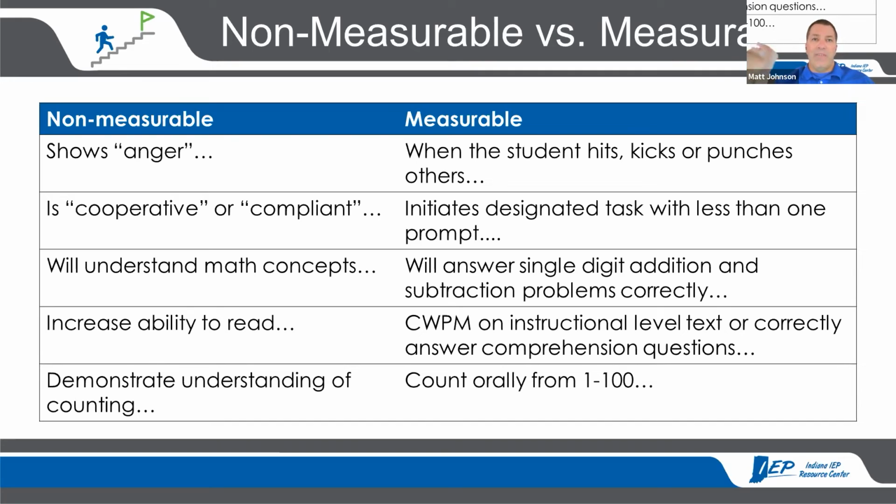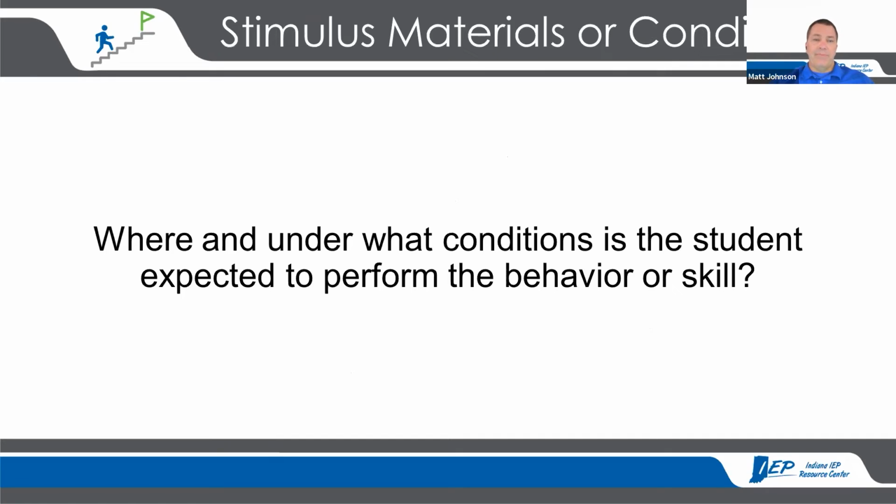How do we know they've increased their ability to read? How do we know what's the outward evidence of their understanding of a math concept? How are we going to know those things? So we look for those physical examples of that. And again, they can be just telling me these things too. It doesn't have to be something written down all the time.